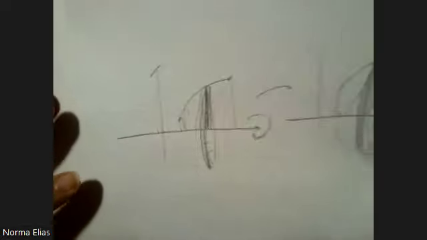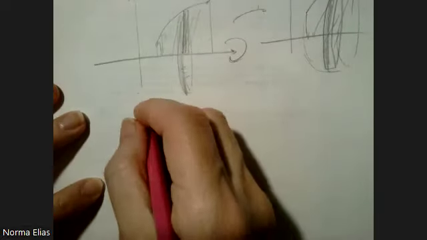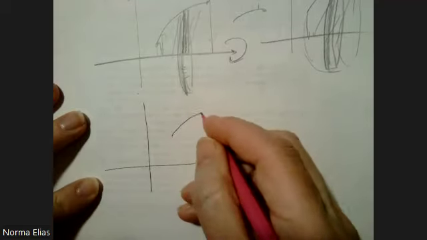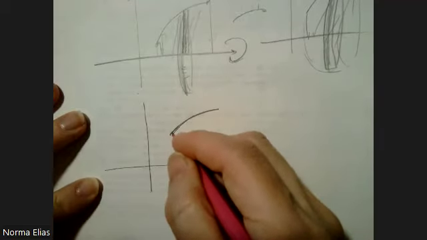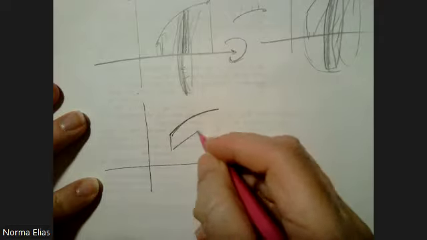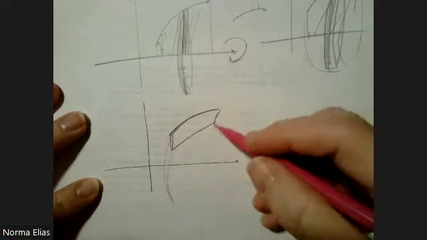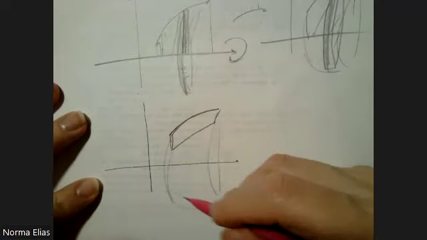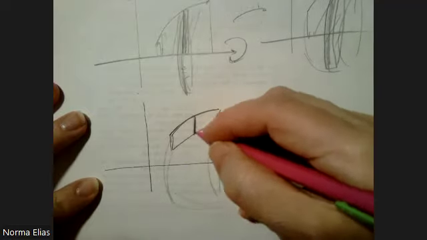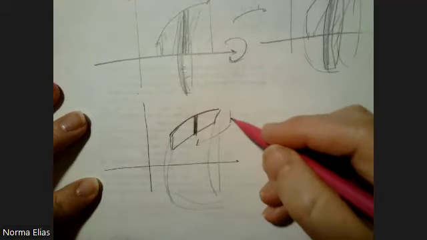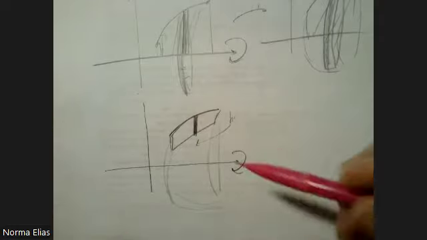We found the volume of this little disk, we called it, and we added the volume, giving me the volume of the whole region. Today's section, the idea was instead of rotating one curve, we're going to rotate a region between two curves. That's the idea. And it's the same logic we are going to use, but this time when I rotate every piece, I have a big hole here because I'm rotating around the x-axis.